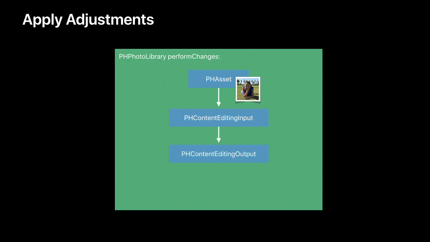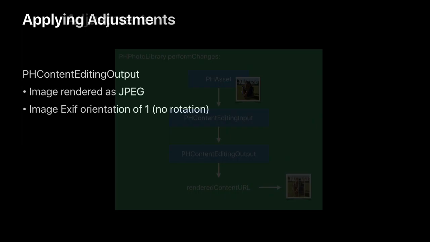Next, you create a PHContentEditingOutput by calling init with contentEditingInput. The editing output tells you where to place all of your rendered files on disk by providing you with a rendered content URL. You then perform your edits to the media that's provided you from the editing input, and then you write them to the specified location. Finally, the PHPhotoLibrary validates your changes and accepts them as a whole or rejects the change.